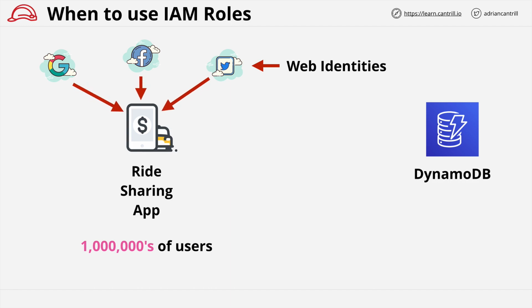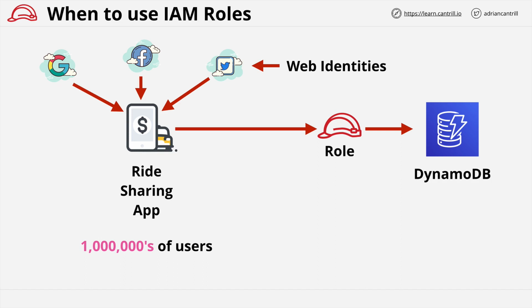Now, if we utilize this architecture for our web application, we can trust these identities and we can allow these identities to assume an IAM role, and this is based on that role's trust policy. So they can assume that role, gain access to temporary security credentials, and use those credentials to access AWS resources such as DynamoDB.